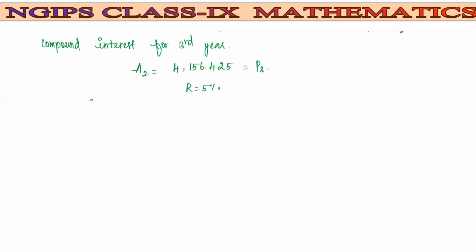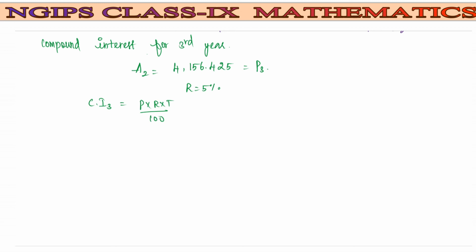Next, compound interest for the third year is equal to... we have the second year leftover amount, 4,156.425. This is going to be carried for the third year principal, and we have rate equal to 5%. I can write compound interest for the third year is equal to P into R into T divided by 100.